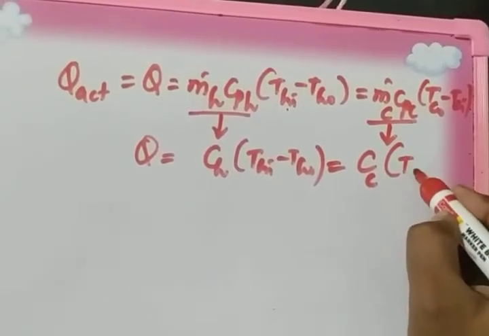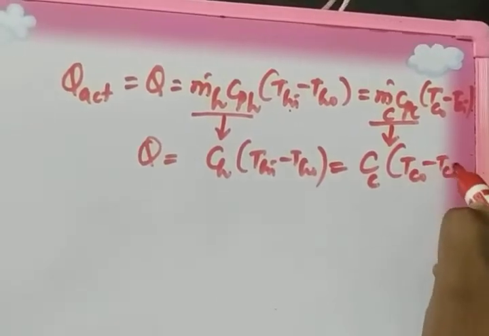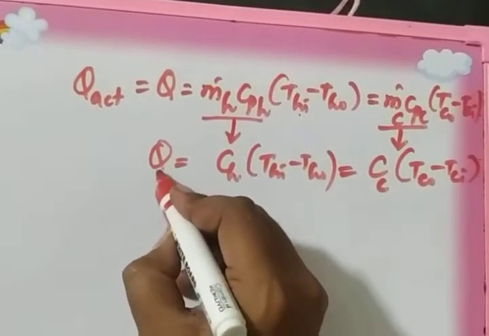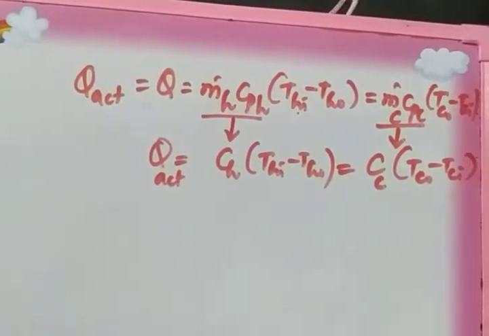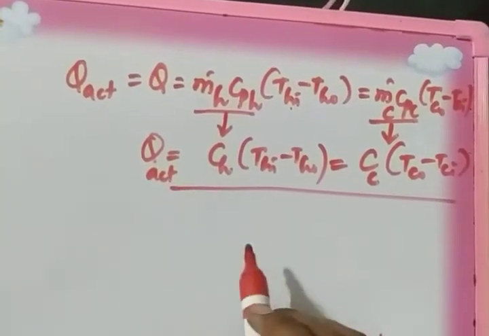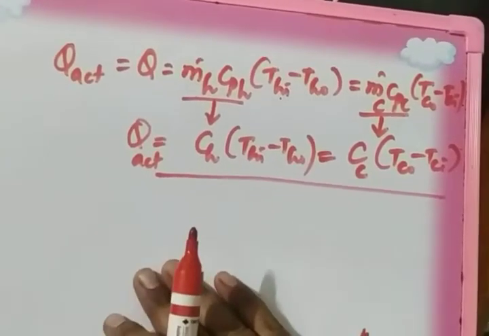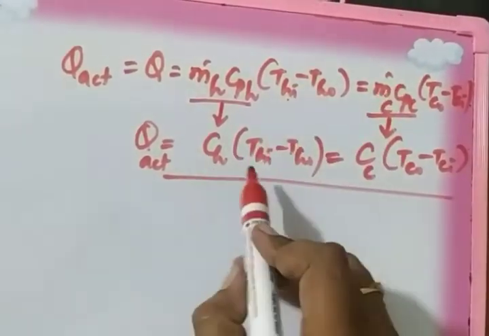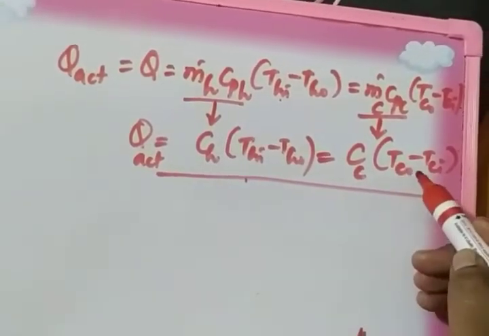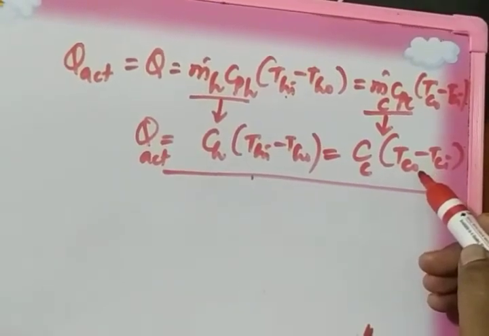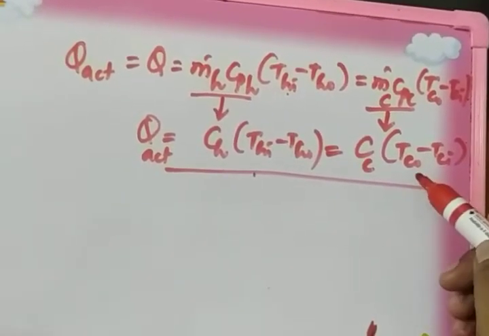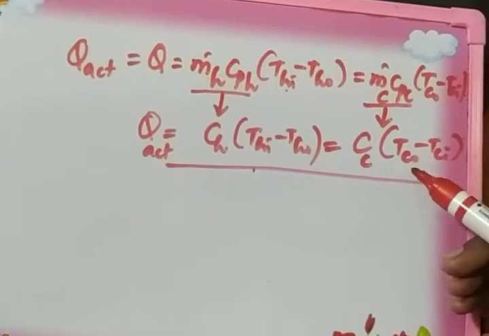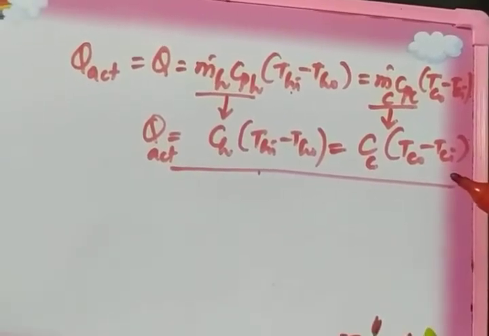So Cc into Tco minus Tci. This is the expression for Q actual. We can use either of these two ideally, because we assume that whatever heat is lost by the hot fluid will always be gained by the cold fluid. This is the main fundamental assumption we always make whenever we discuss a given heat exchanger.